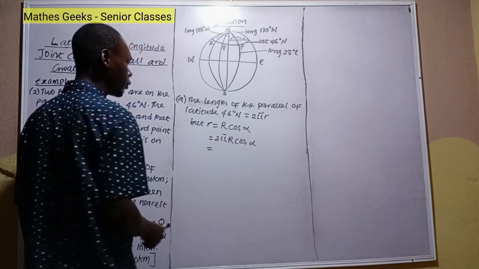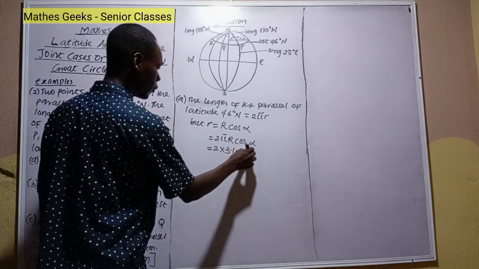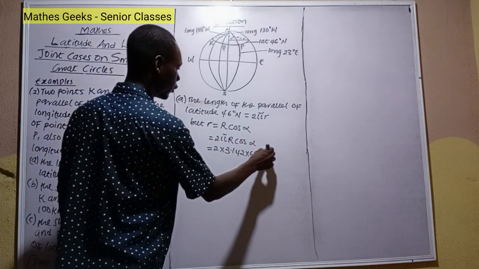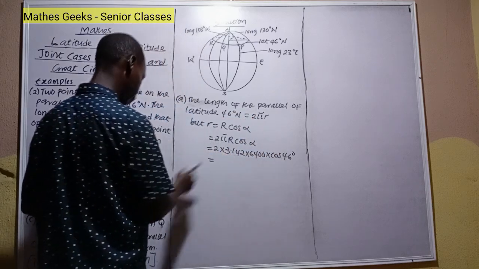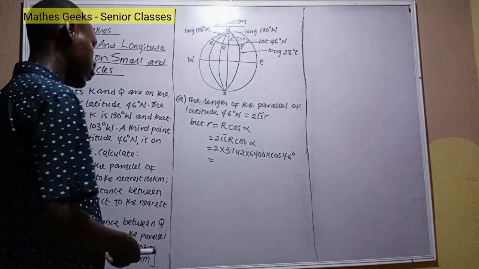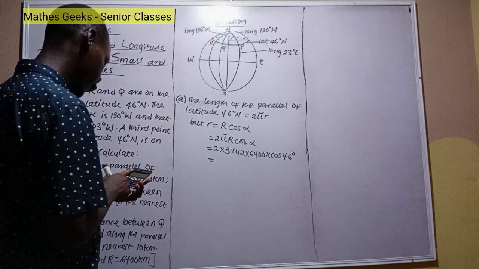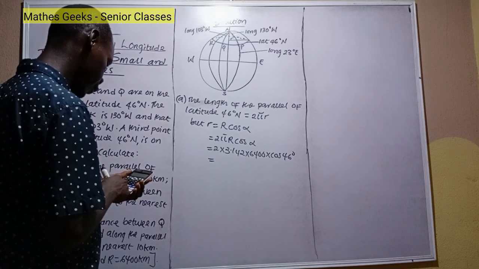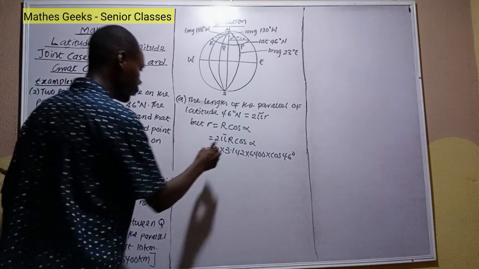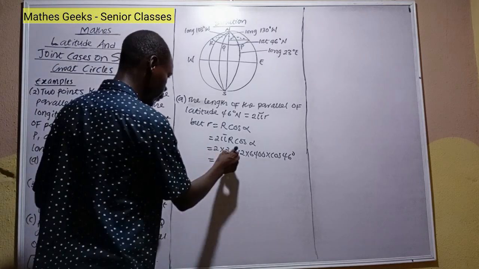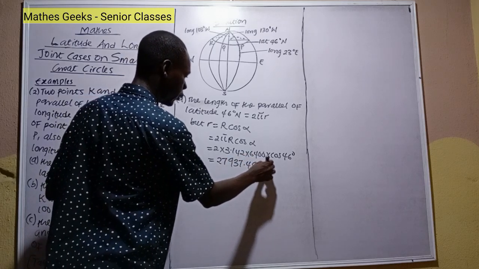So let's put in 2 pi: 3.142 times 6,400 times cos 46 degrees. 2 times 3.142 times 6,400 times cos 46 gives 27,907.49 kilometers.